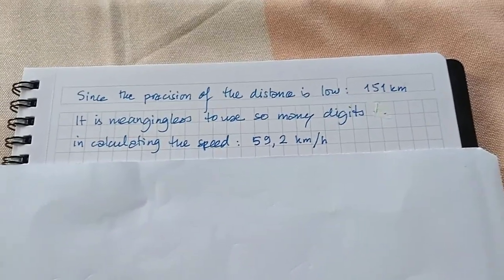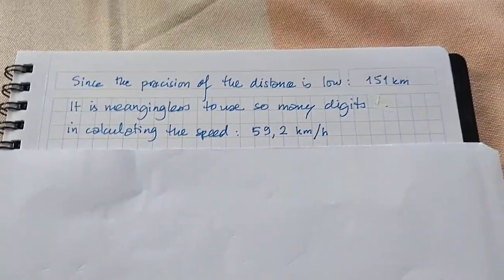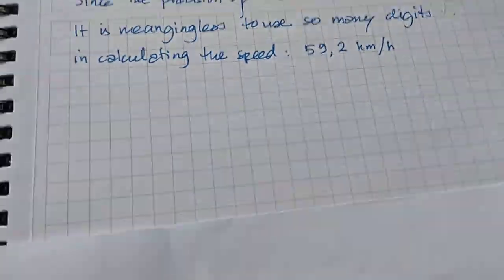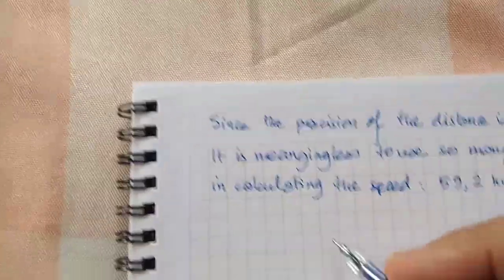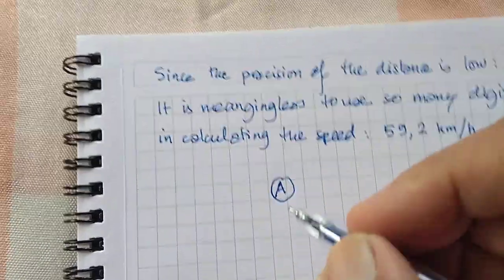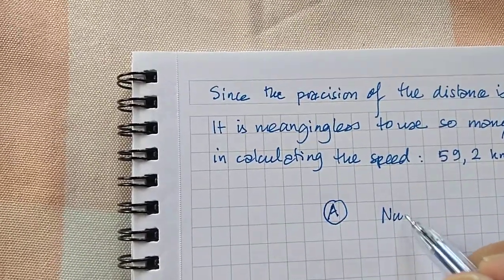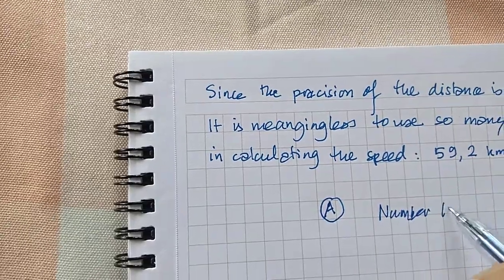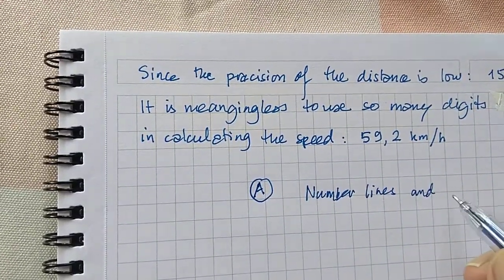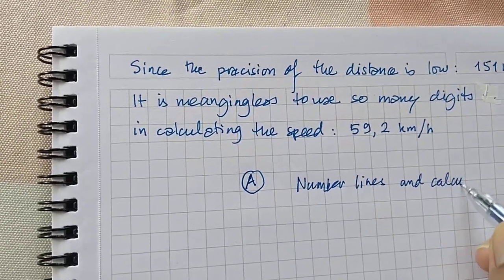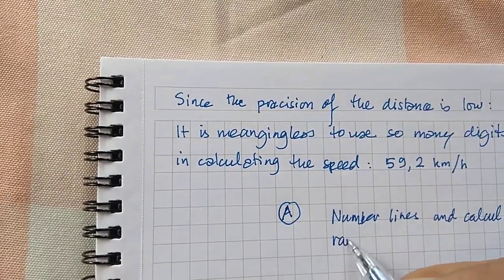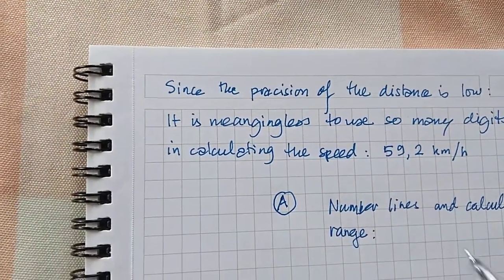Okay, now this is the end of the video for today. I'll give you only one problem. I want you to draw the number lines and calculate the range of two numbers.